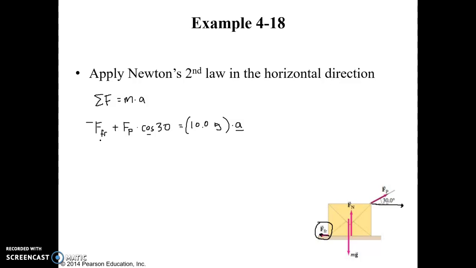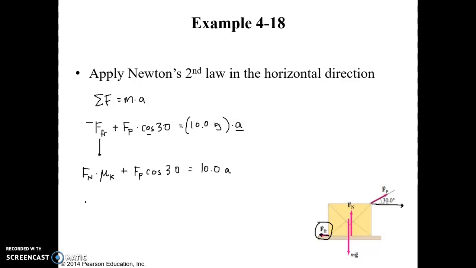So let's look at the friction force. Friction force is equal to the normal force multiplied by the coefficient of friction, the kinetic coefficient of friction, plus Fp cosine of 30 equals 10.0a.